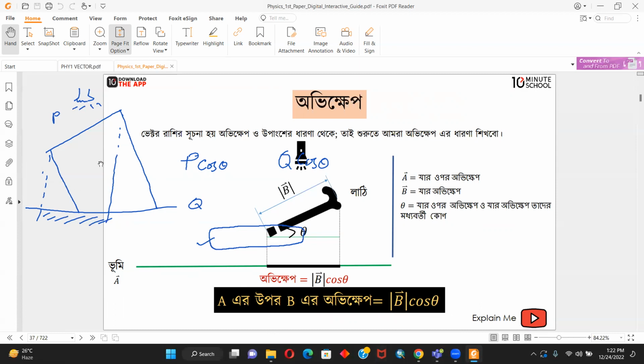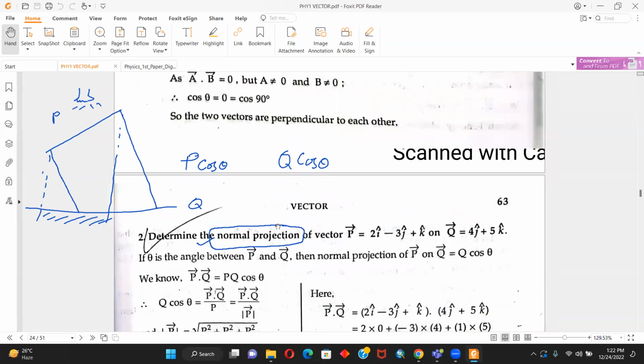So it should have been P cosine theta, but as they have said normal projection, that is why it changes. Why does it change? We will study that in mathematics. There is a particular theorem on that. Just for the time being, remember the terms. So that was it for the previous day.